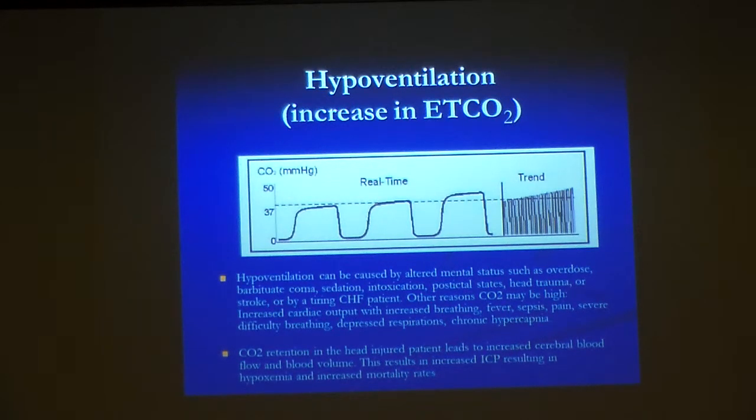But hypoventilation can be caused by overdose, altered mental status, intoxication, over-sedation, head trauma, CHF. There's a myriad of reasons. It can also involve cardiac issues, so their cardiac output has been altered, fever, sepsis, pain, all those things.